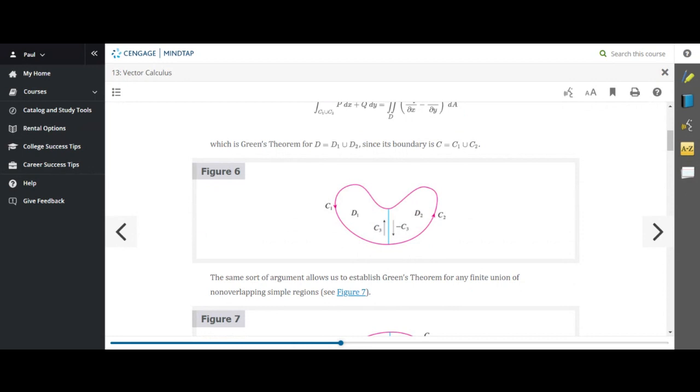Sorry, I want to get my phrasing right. I should have said the curve. Let me just make sure I had this right. Hold on. Let me go back. I've got to make sure I got this right. One moment.